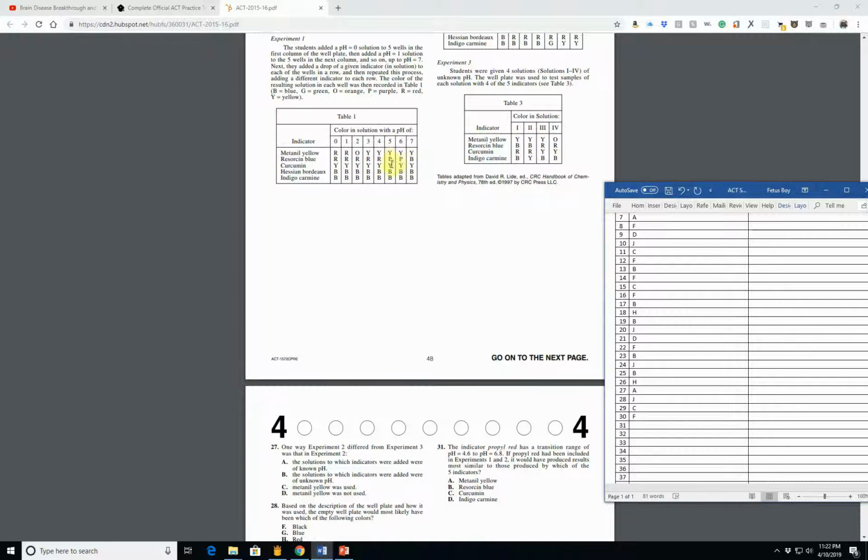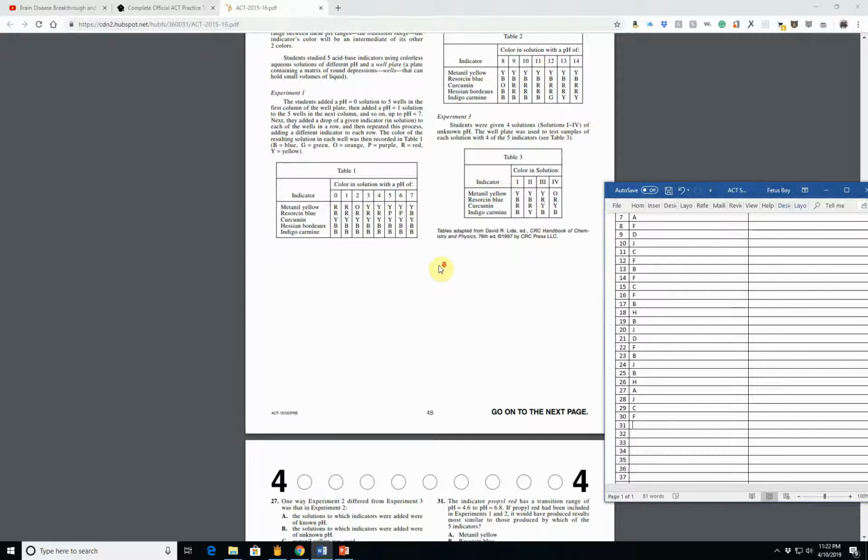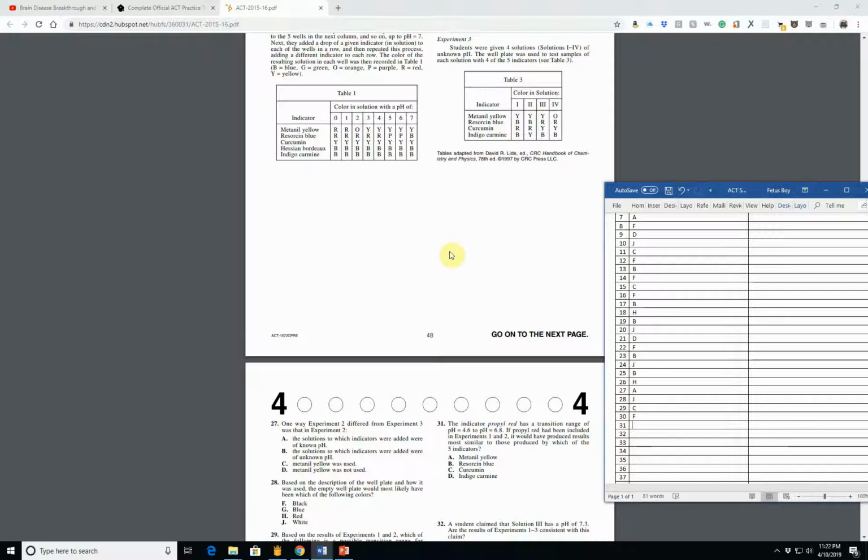Looks like resorcin blue, possibly. Yeah, I'm going to go with resorcin blue because it goes from red at 4 to blue at 7. It's purple in between, so it's very similar. So resorcin blue. Okay, it's very resourceful.